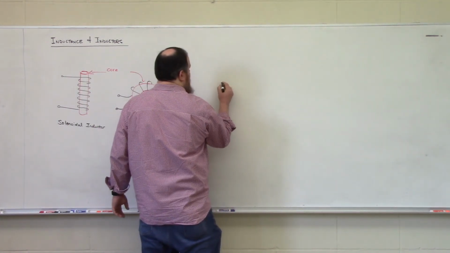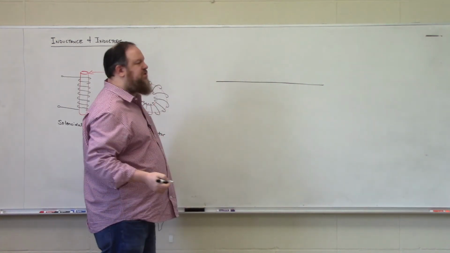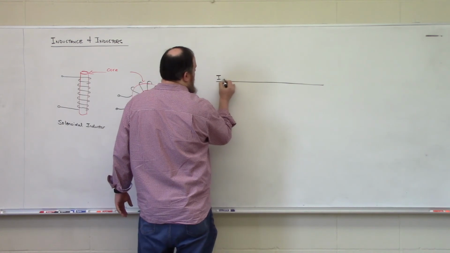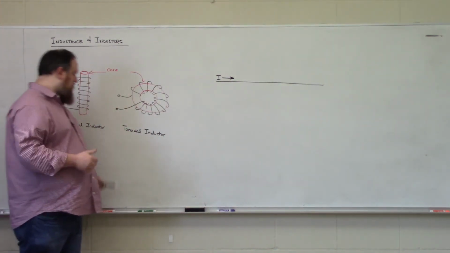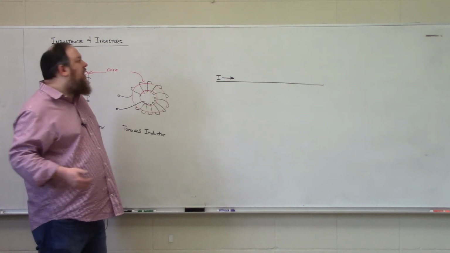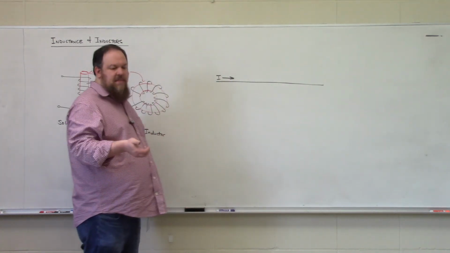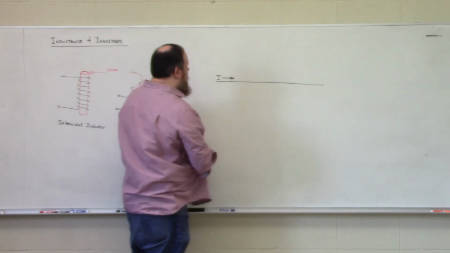Hopefully a lot of you remember that if we have a section of wire and it's carrying some steady current I, let's say in this direction, we could use what's called the right-hand rule and see that this current I is going to generate a magnetic field, and that magnetic field is going to curl around the wire.